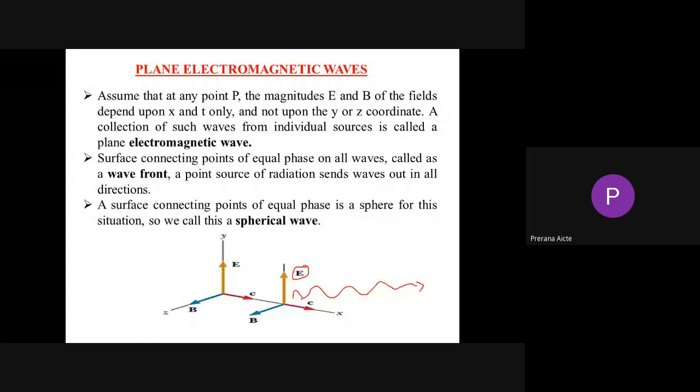with a velocity of c. So what is the velocity of c? c is the velocity of light. So what is the value of the velocity of light in free space medium? It is 3 into 10 power 8 meters per second.